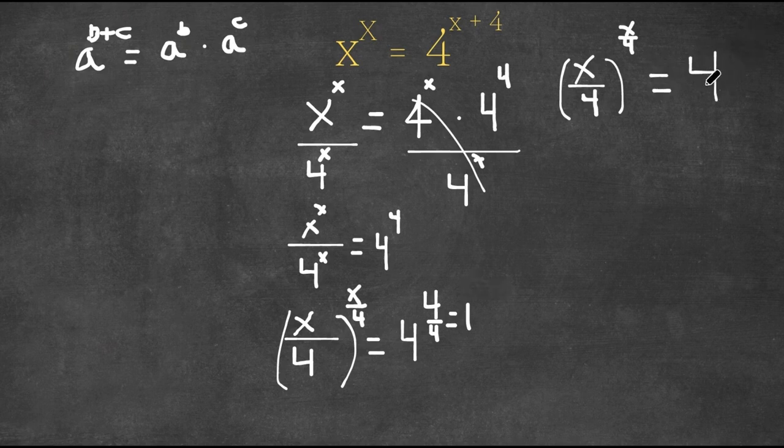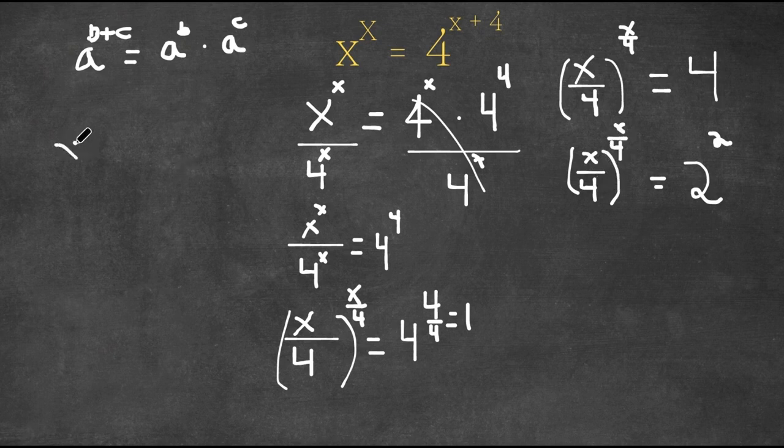Now we're going to change this 4 to 2 to the power of 2. And this is still equal to x over 4 to the power of x over 4. Now, why don't we say that x over 4 is a?